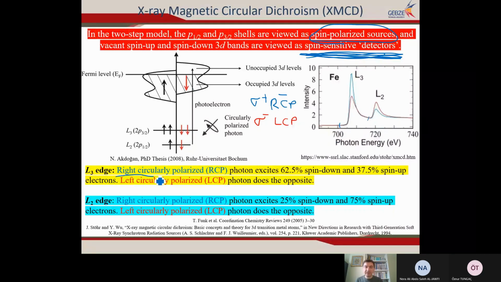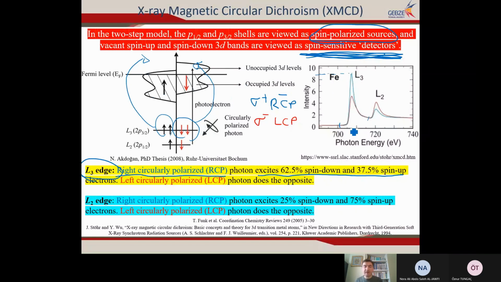So what we have learned is that around the L3 edge, RCP photons excite 62.5% spin down and 37.5% spin up. And we have this intensity. What we mean by the intensity is that you read the intensity at the detector. I will explain different methods used in XMCD, but now just try to understand the mechanism.